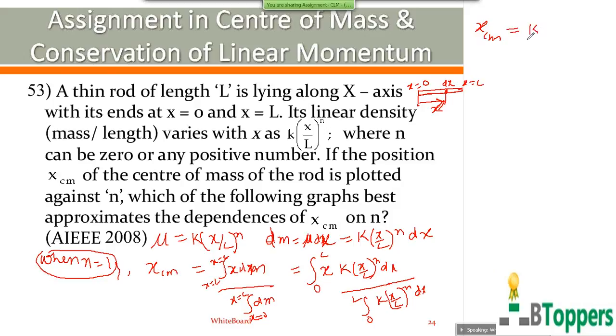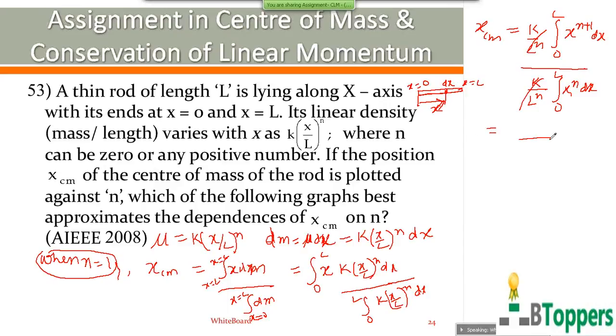So k by L power n into integral of x power n plus 1 dx from 0 to L. The denominator also you can take k by L power n outside the integral symbol because L and k are constants, into integral of x power n dx from 0 to L. So k by L power n gets cancelled.